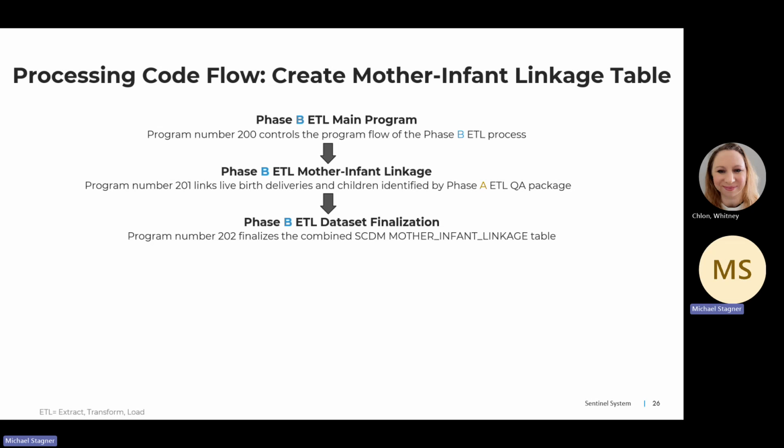Part of the quality assurance package is a mother-infant identification process, which looks at the encounter, enrollment, and demographic information in the core set of tables, and determines potential deliveries in the final SCDM tables and potential infants that can be linked together.